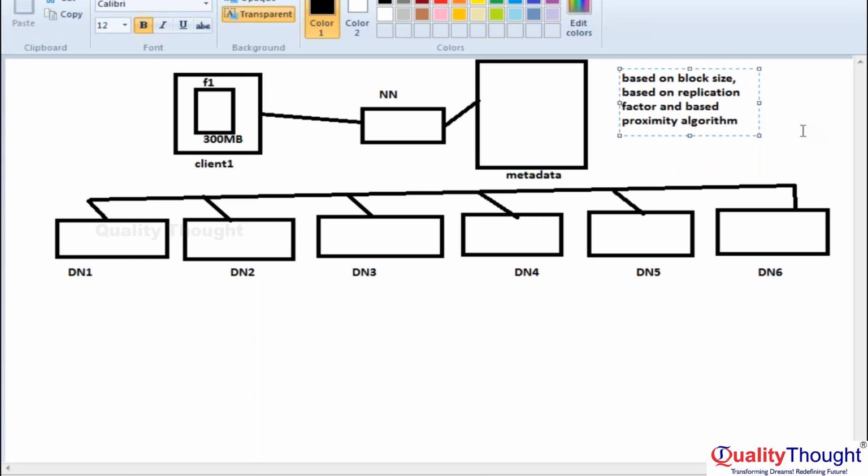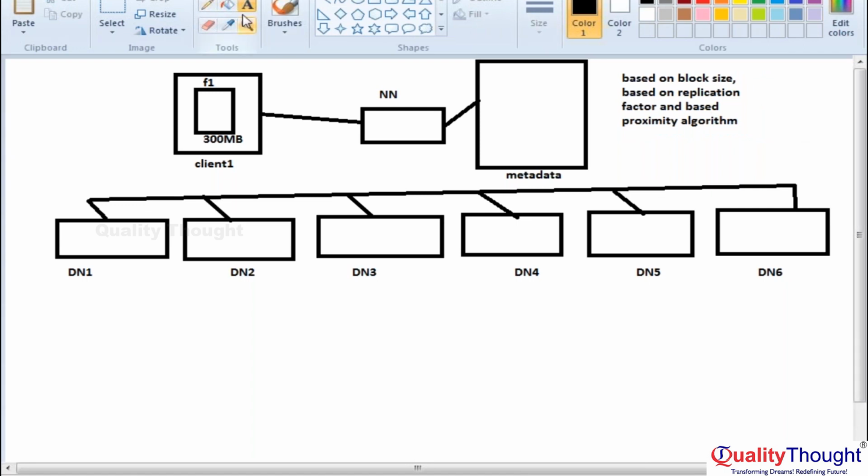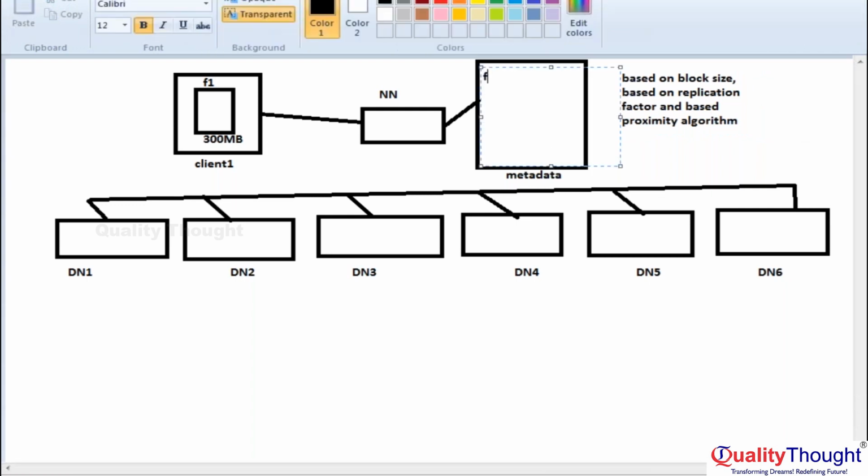It is preparing metadata saying file 1, block 1, data node 1, 2, 3. File 1, block 2, data nodes 2, 4, 6. This is an assumption. File 1, block 3, data nodes 3, 4, 5. Assume it defines this metadata information.